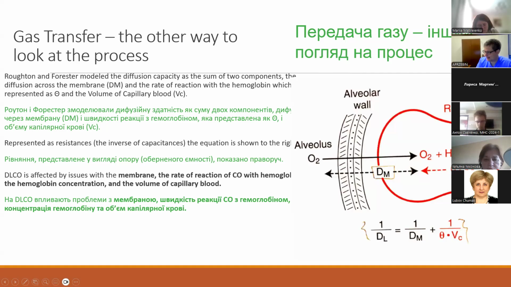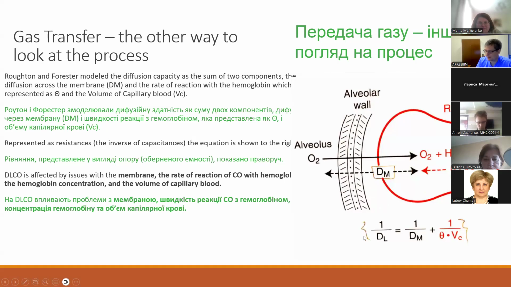This theta is this reaction rate of carbon monoxide with hemoglobin. So this is relatively constant. But this Vc is the volume of capillary blood. So if there's more blood around, then you will be able to uptake more. So you have to overcome these two resistances.